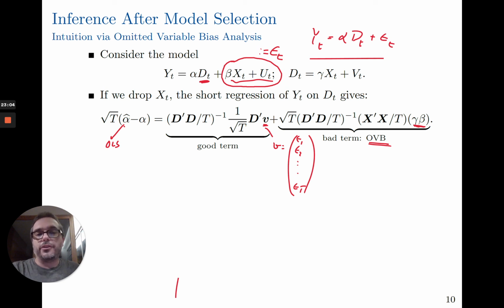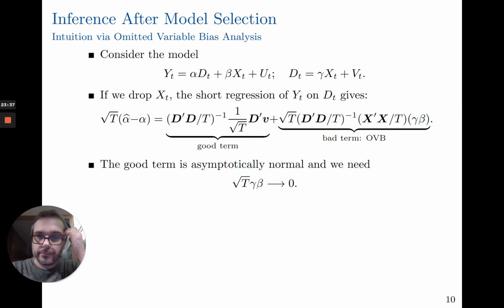So what happens if you make a mistake and you exclude x, in the case when neither gamma nor beta are 0, then we are going to have a bias term. So this is the very bad term in your alpha hat minus alpha expression. Okay?